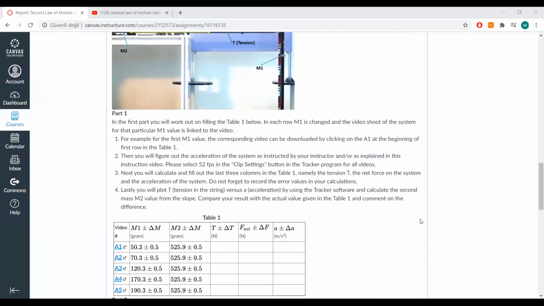The acceleration value for each experiment, namely for each video, should be calculated and entered in Table 1.